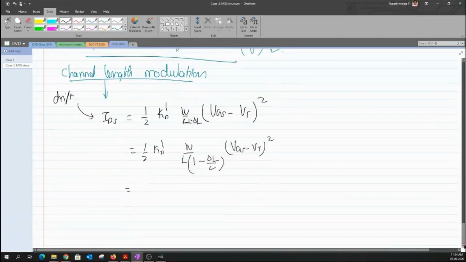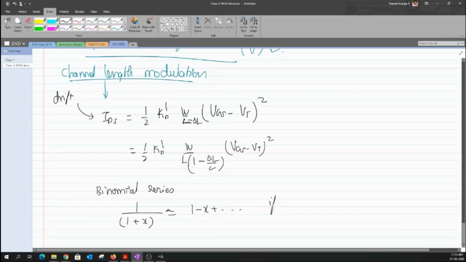Now, I think you are familiar with the binomial series, which says that whenever you have an expression like this, one could approximate it to be equal to 1 minus x, provided the value of x is much smaller than 1. Okay, so under this condition one could approximate this expression to be approximately equal to 1 minus x.